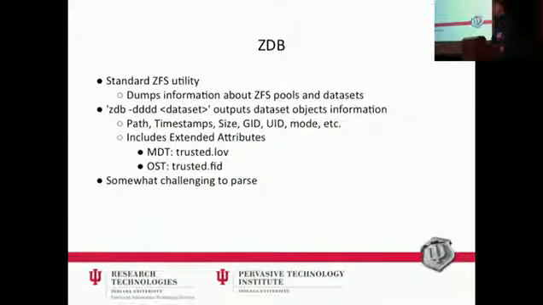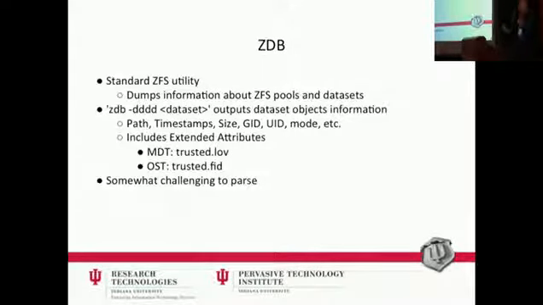You can keep passing it Ds for debug info. If you pass ZDB -dddd, a data set, it dumps all of the objects in that, or metadata, I should say, about that object from the ZFS perspective.